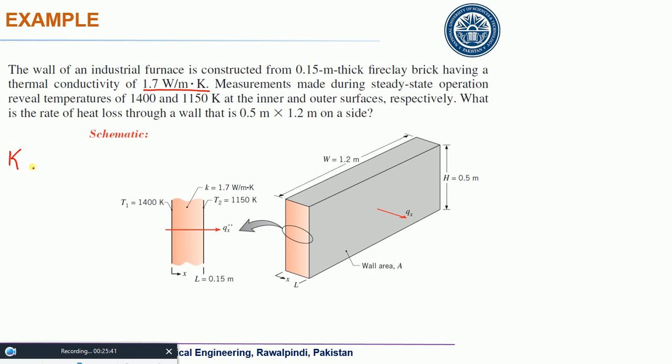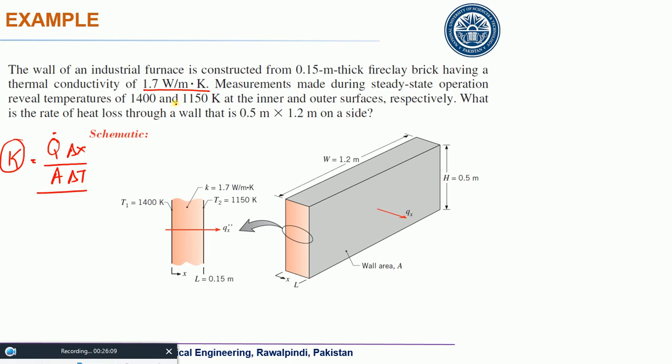If you have K, K can be written as Q dot into delta X over A into delta T, so you can find out the units of K from this relation. It's very simple. So this is 1.7 watt per meter per Kelvin for this problem.